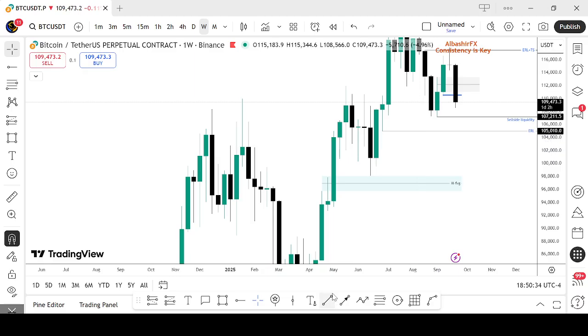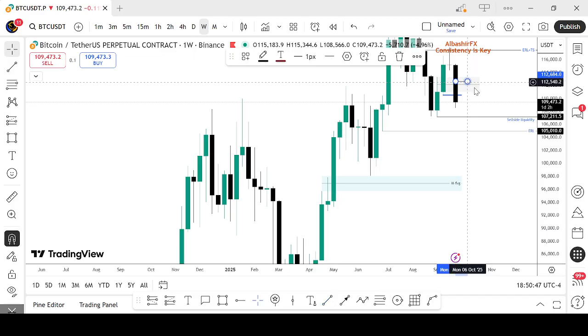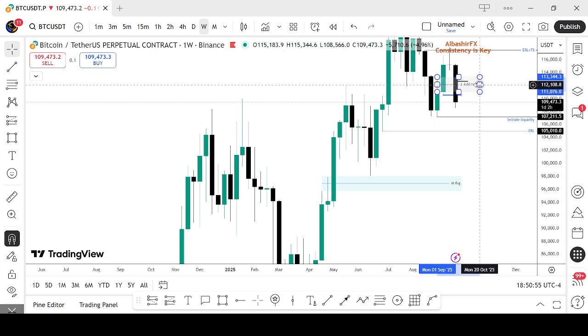Let me just add something to our charts to illustrate it. So these are the levels price should respect. Let me make it big so that you guys can see. These are the levels I'm expecting for next week's candle.